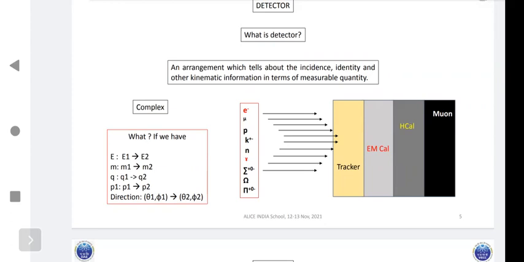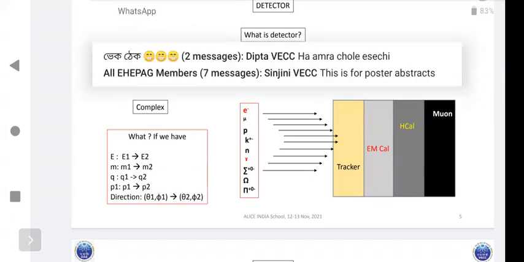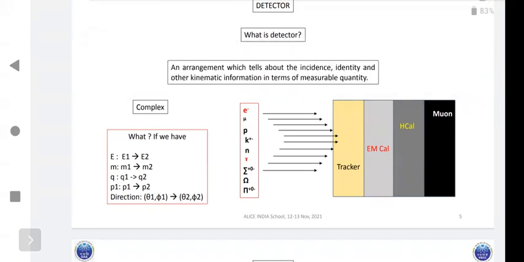And at the end I have kept the muon, because muons are the least interacting particles. Probably Professor Shao has already told you about the muon's characteristics. That's why it is less probable for a muon to leave any substantial footprint in the tracker. It will not create a substantial amount of information in the EM-cal, and neither in the H-cal.